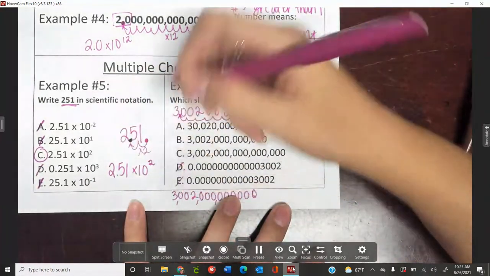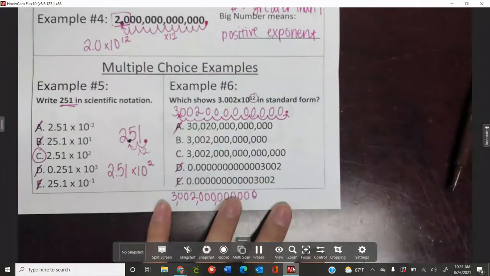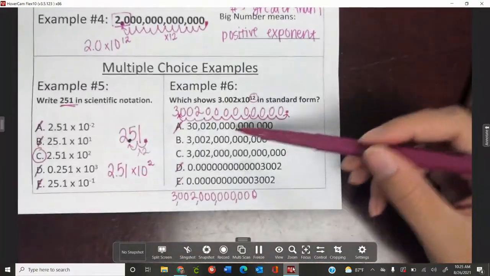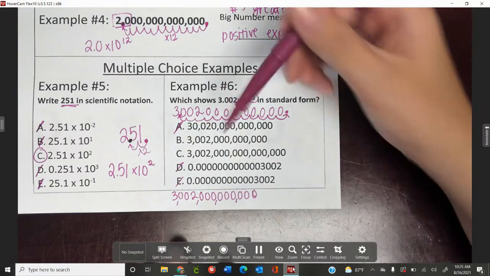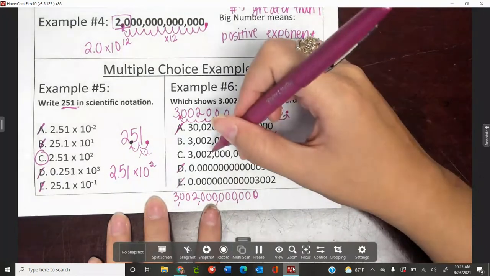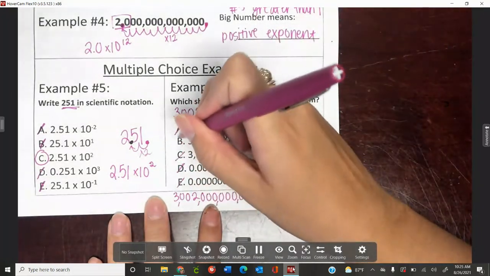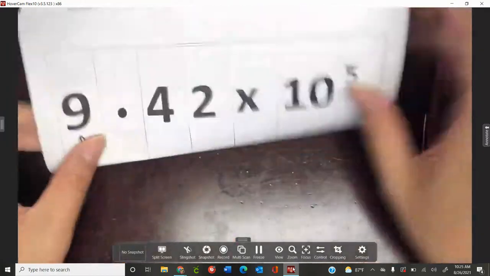Now, there should only be a 3 in front of this comma, so we can eliminate A. And now it's just left to B and C. So we said there had to be 9 zeros after the 2. So here I have 9 zeros, so B is good. And C, I have 12, so that's not my answer. So here, B is your answer. Okay, so that was scientific notation.